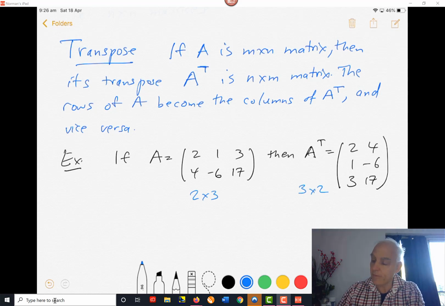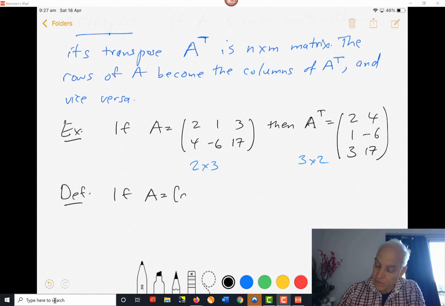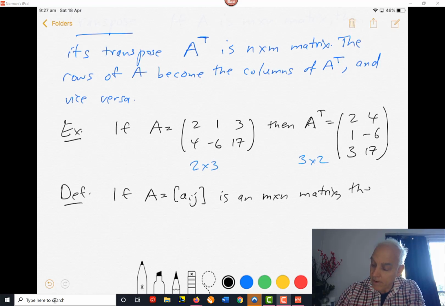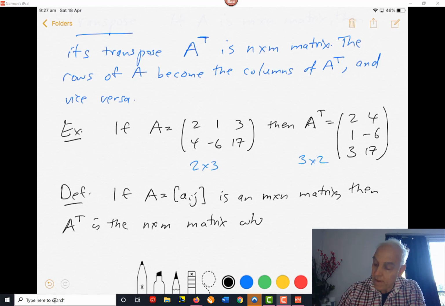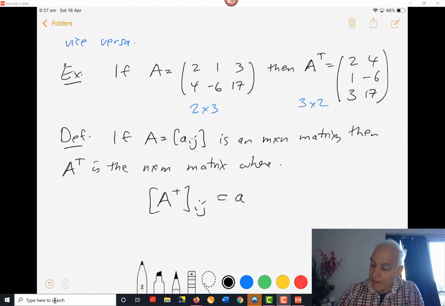That's quite simple. And if we wanted to describe it in terms of entries, an official definition might be that if A equals, say, the matrix with entries a_ij, is an m by n matrix, then A transpose is the n by m matrix where the ijth entry of A transpose is a_ji.